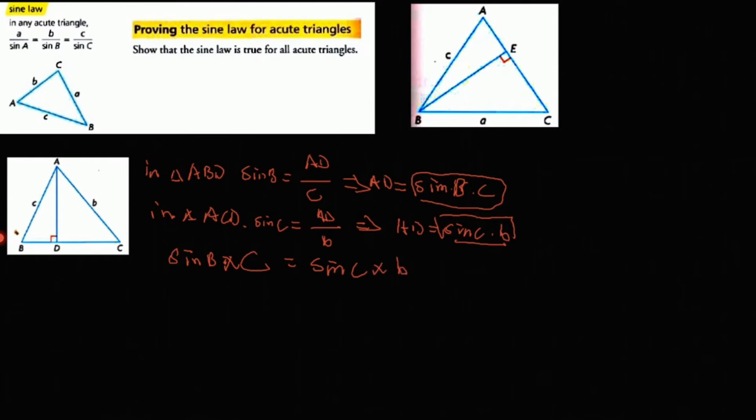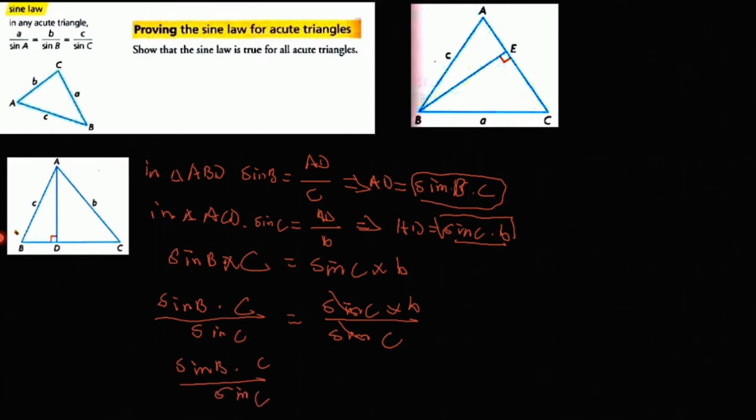Both sides divide by sin C. So sin B times c over sin C equals sin C times b over sin C. The sin C cancels out, so this side is sin B times c over sin C, and this side is b left.